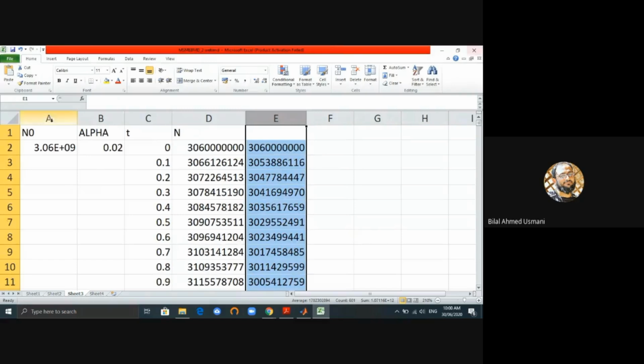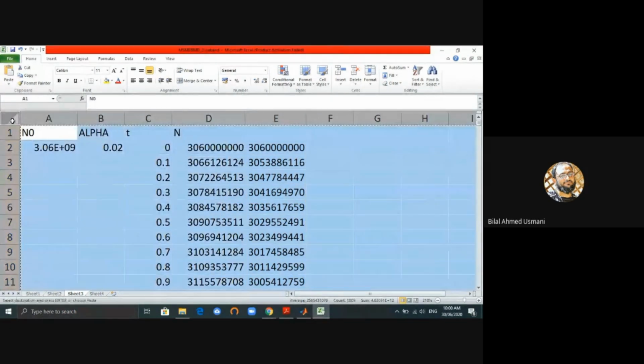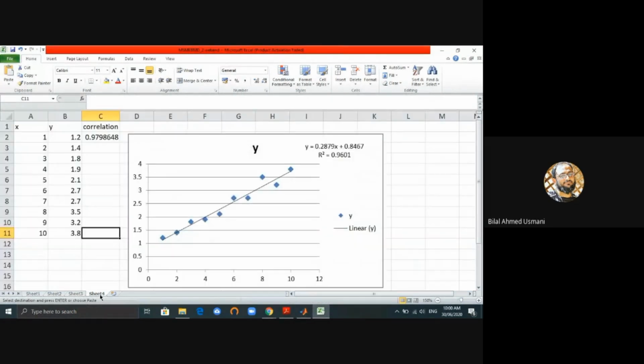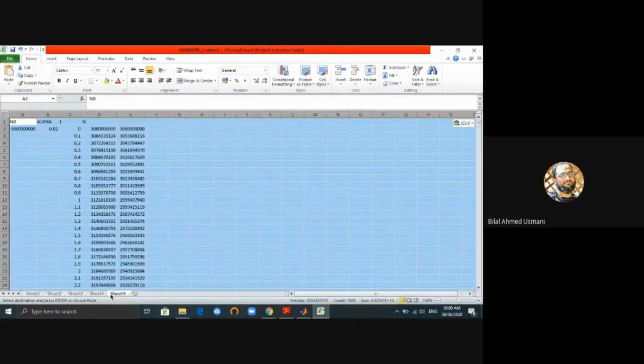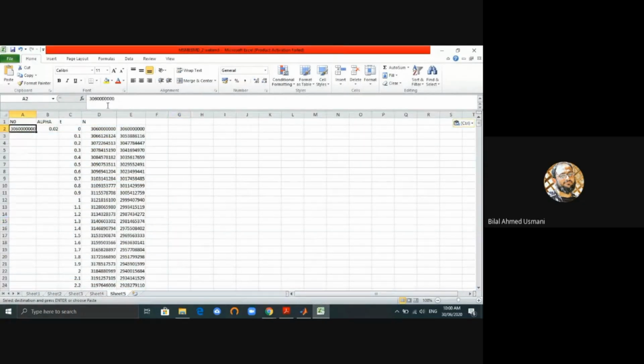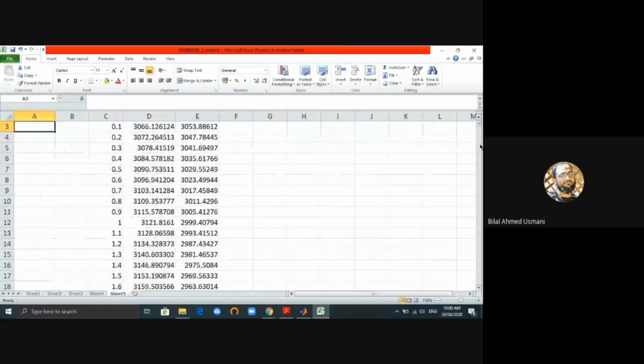Now, let me copy this sheet and put it over here, and let's give it some sensible value. So if it is 3060, which is easier to comprehend, I always struggle with big numbers.